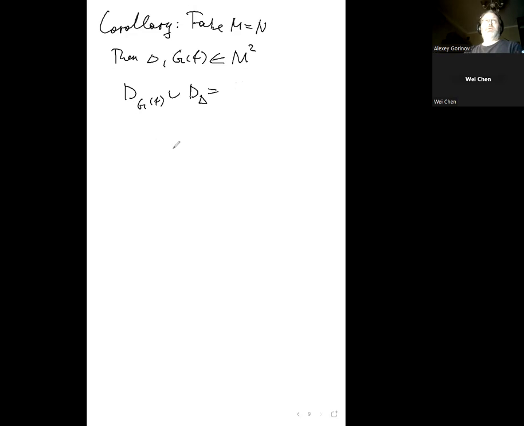Now, what happens when we take the cup product of the dual classes and evaluate the result on mu m squared?